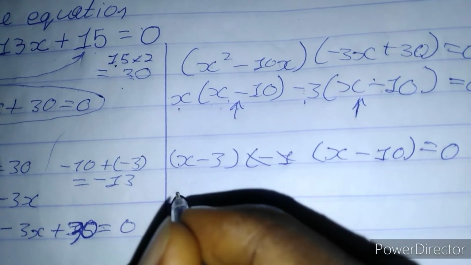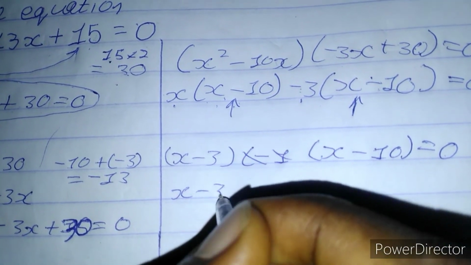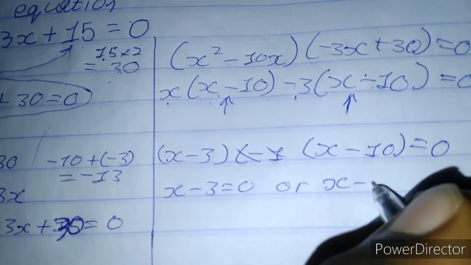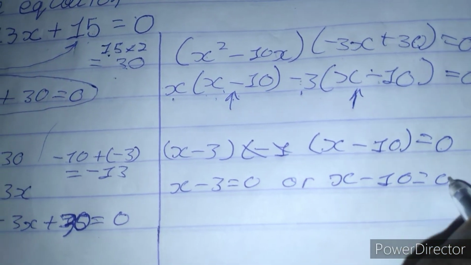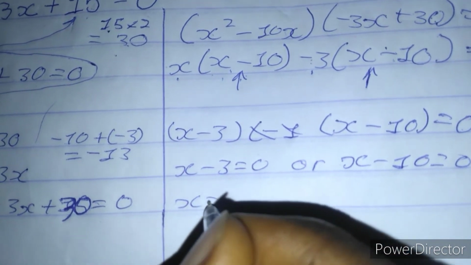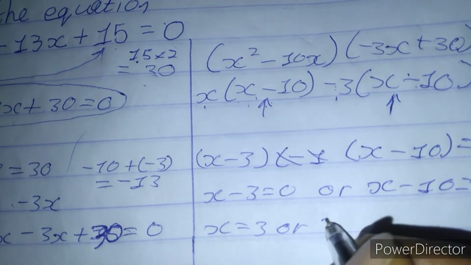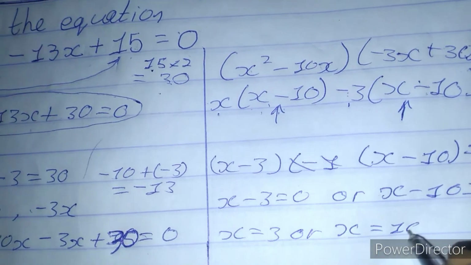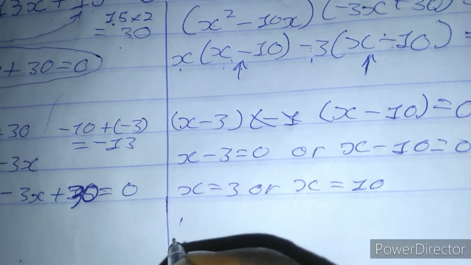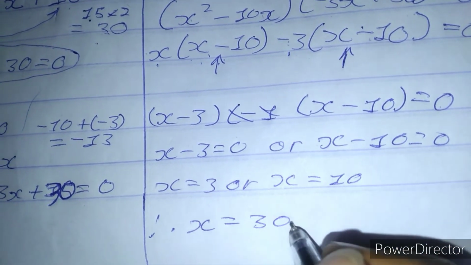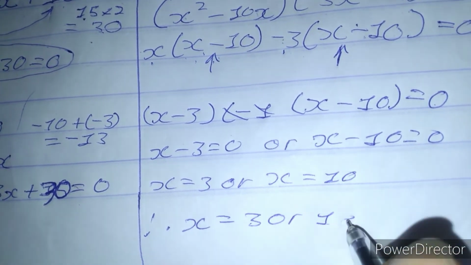So it becomes x minus 3 equals 0, or x minus 10 equals 0. So x equals 3 or x equals 10. So our answer is x equals 3 or 10.